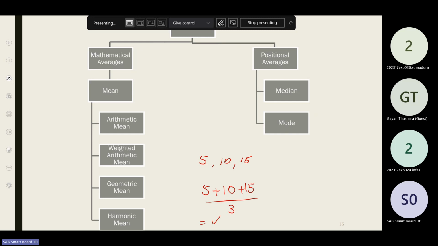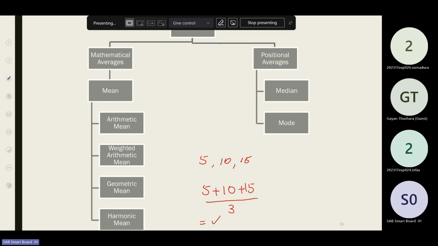That is what we know as average. But in statistics, average has a broader meaning. So there are different types of averages defined in statistics. So measures of central tendency means types of averages defined in statistics.